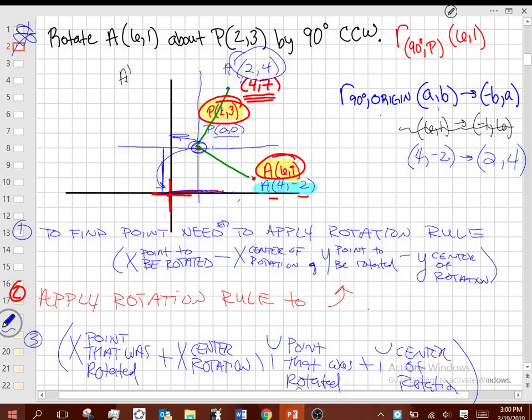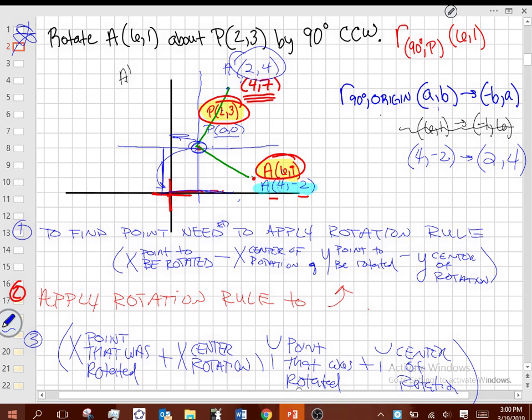Now, obviously, it's kind of messy having all those phrases in there. What happens a lot of times as you move through other courses is they will call it x1, y1. They'll call the other point x2, y2. Instead of using phrases, they will say you're going to take x1 minus x2, comma, y1 minus y2.